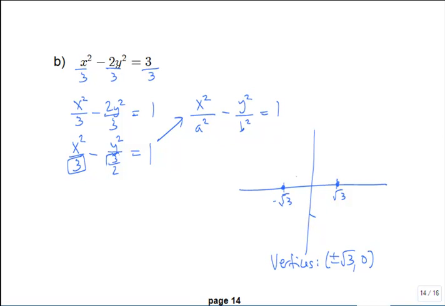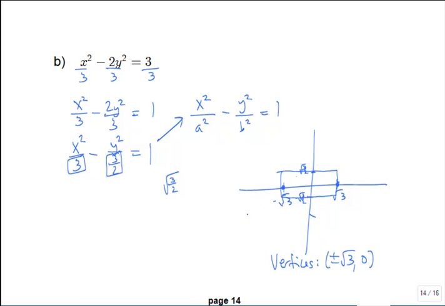Then I'm going to look at this number and take its square root, and the square root of 3/2 is actually smaller than the square root of 3. So it's not going to be quite as tall, but it would be somewhere up here and somewhere down here. And those aren't actually points, but I need to know how high and how low they are so we can construct our box.